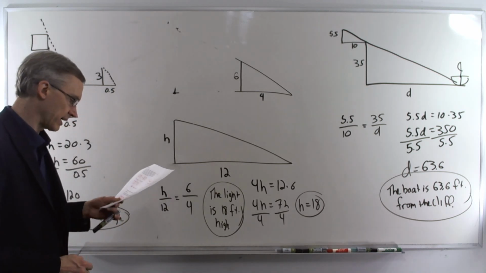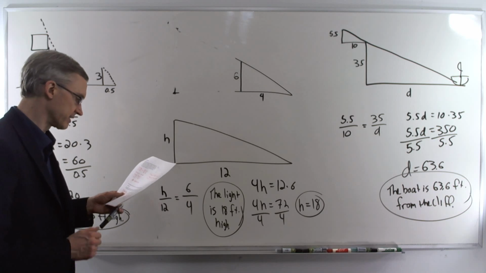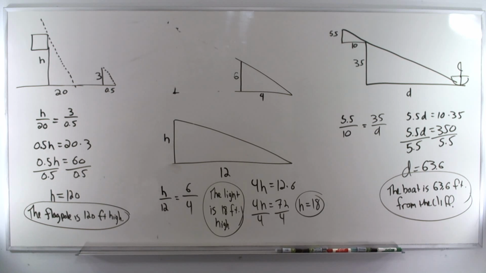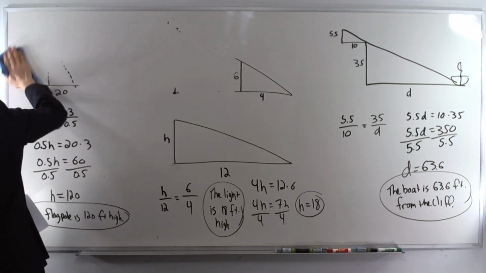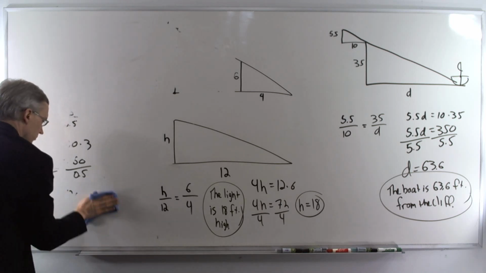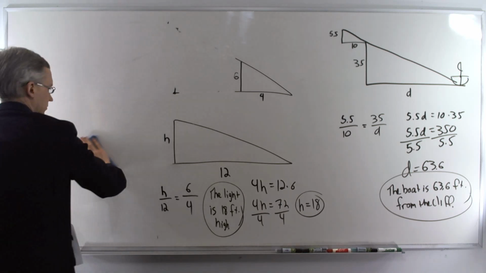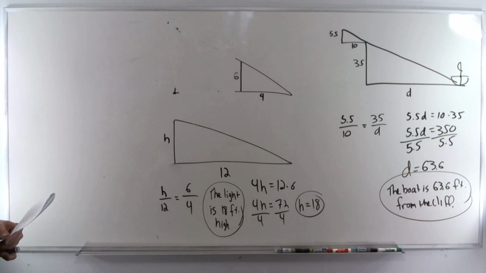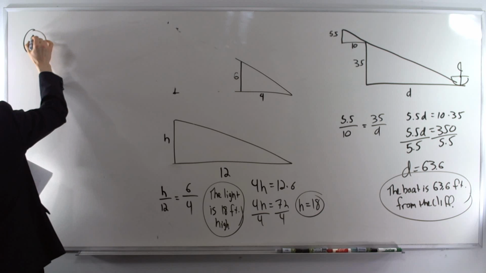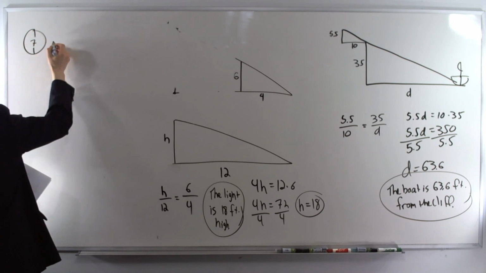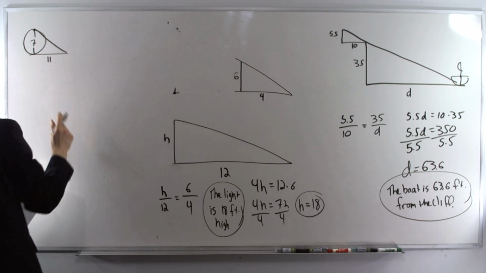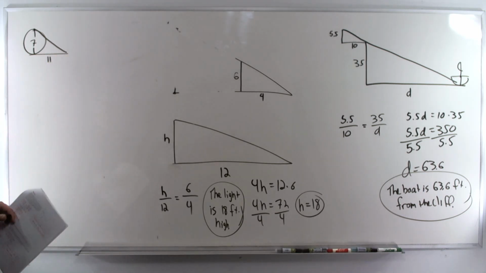Well, in Copper Center, Alaska, a boulder that is 7 feet high casts a shadow that is 11 feet long. So you've got this boulder here, and it's 7 feet high, and casts a shadow that's 11 feet long.